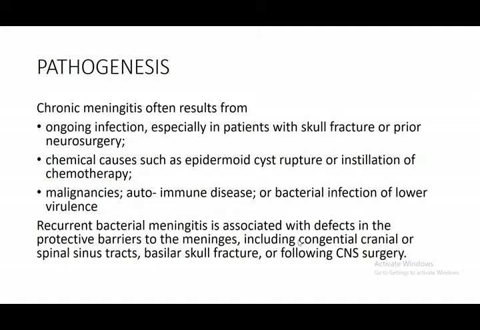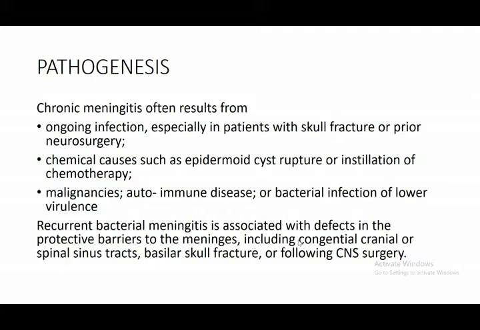Chemical causes include the rupture of an epidermoid cyst or instillation of chemotherapy, for example, sometimes for various CNS malignancies. Malignancies, autoimmune diseases, or bacterial infection of lower virulence can also lead to chronic meningitis.